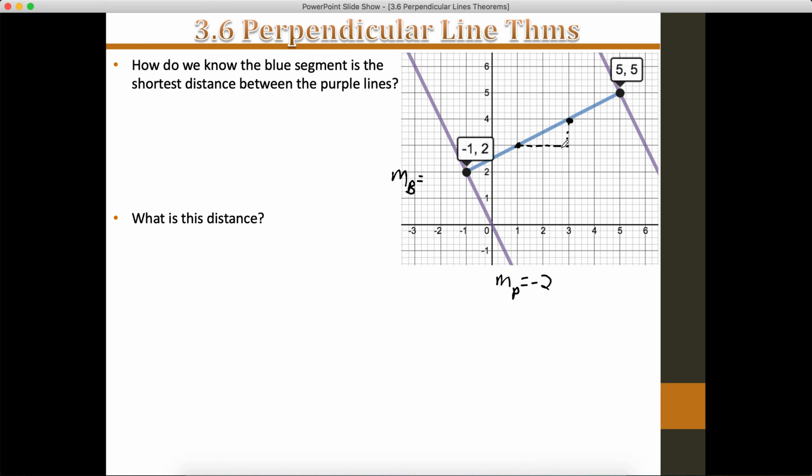It looks like my ratio of rise over run is up 1, right 2. So that is a slope of +1/2, and +1/2 is the opposite reciprocal of -2. So I could say blue is perpendicular to purple, and I'll just note opposite reciprocal slopes.